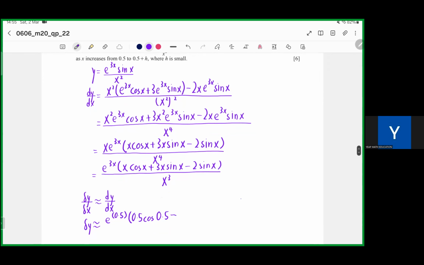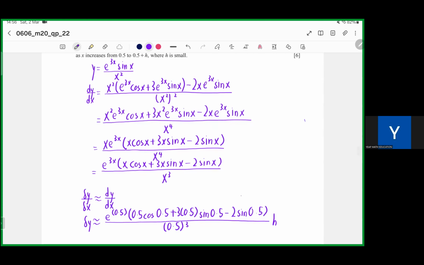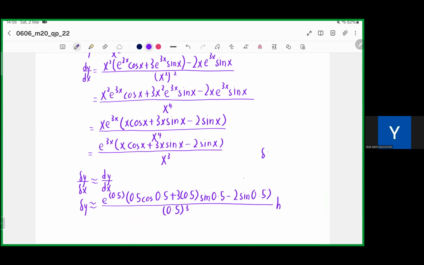Okay, so 3 bracket 0.5 sine 0.5 minus 2 sine 0.5, over 0.5 cube, and then here is h, because delta x equals 0.5 plus h, minus 0.5, equals h actually.